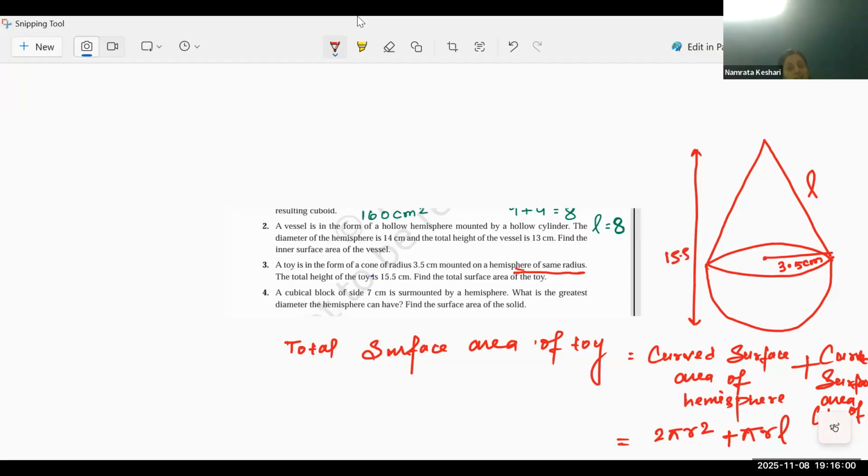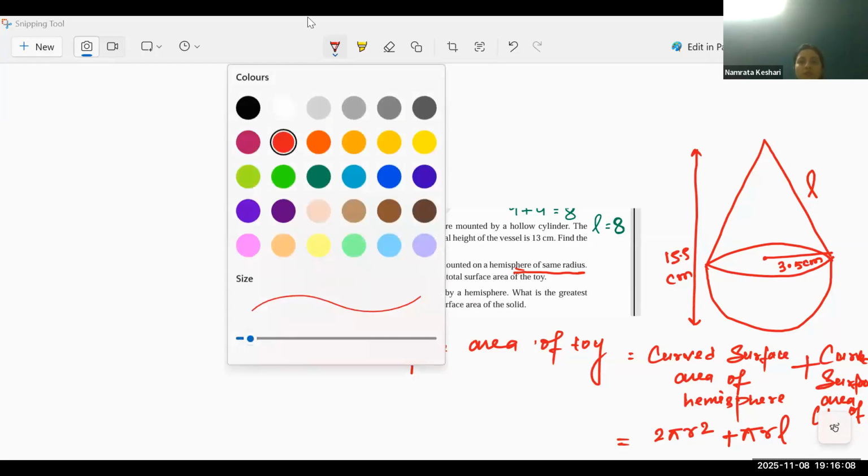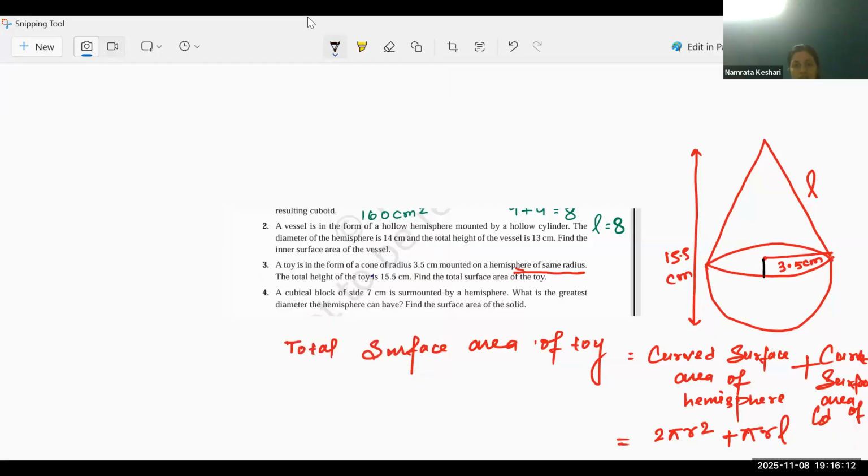Here also, exactly like the previous situation, you will subtract the radius to get just the height of the cone. You need to subtract only this much, which is nothing but the radius, 3.5 centimeter, from the total height. So 15.5 minus 3.5 is 12 only.